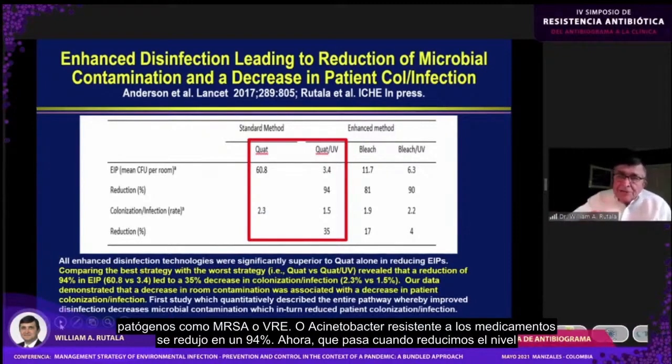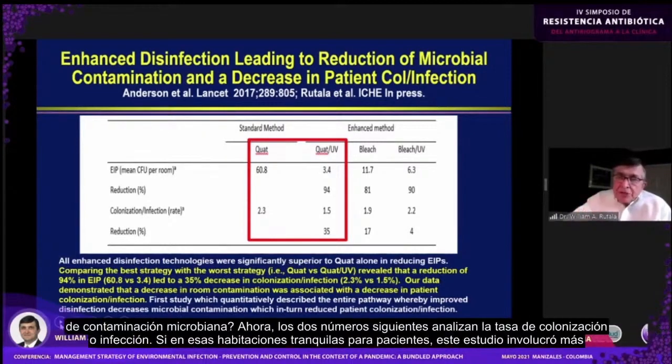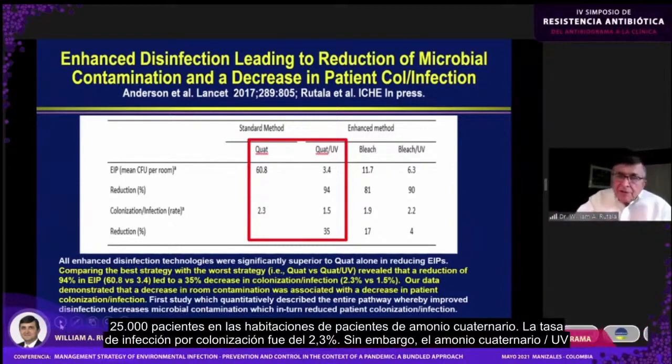Now, what happens when we reduce the level of microbial contamination? The next two numbers look at the colonization or infection rate. This study involved over 25,000 patients. In the quat patient rooms, the colonization infection rate was 2.3%.